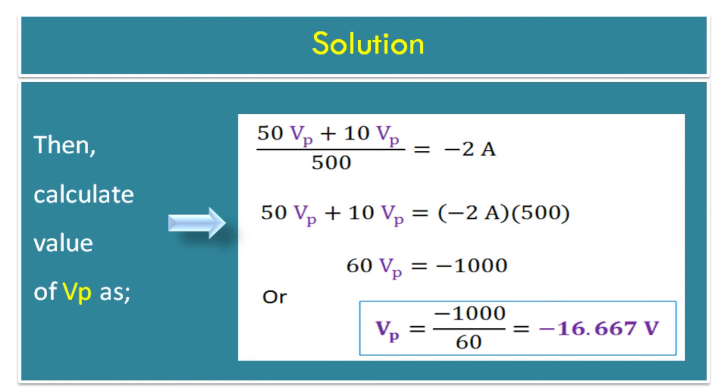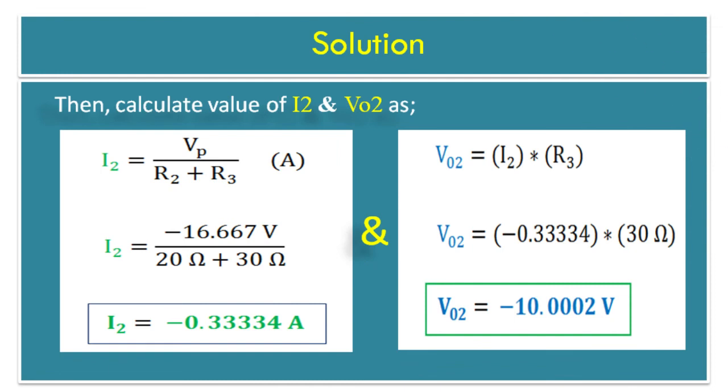Using the value of voltage VP, calculate current I2 and output voltage V02. Current I2 is equal to voltage VP divided by R2 plus R3. Substitute values of VP is equal to minus 16.667 volt, R2 is equal to 20 ohm and R3 is equal to 30 ohm.